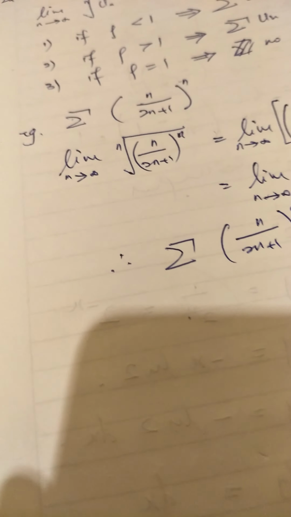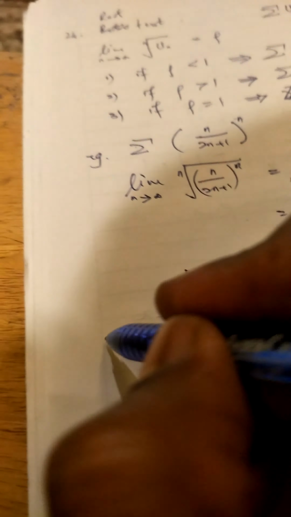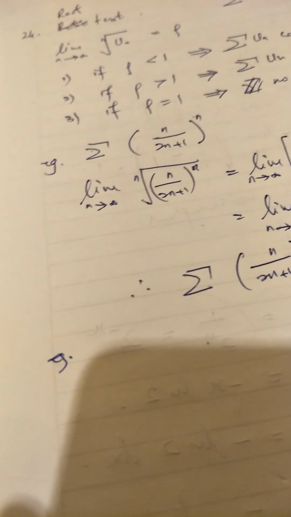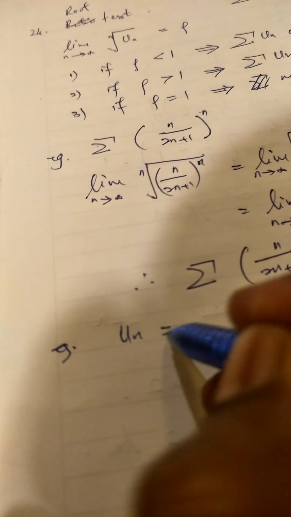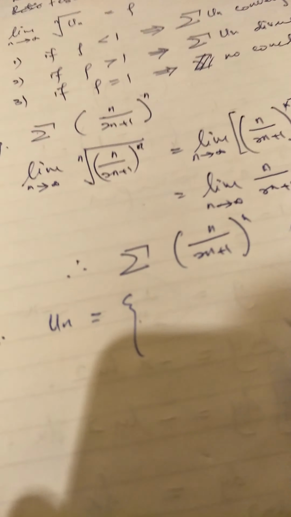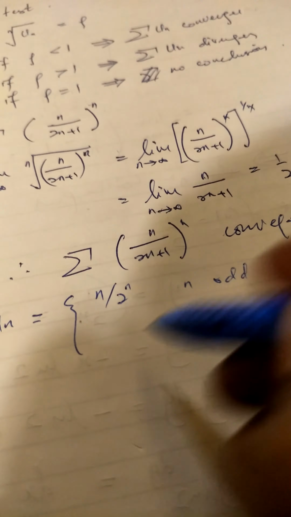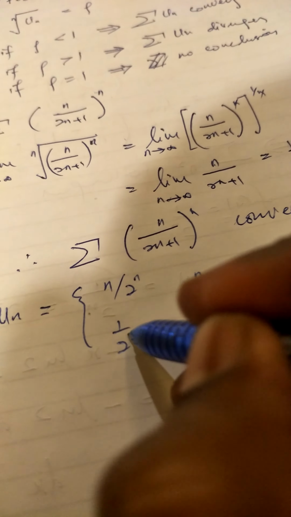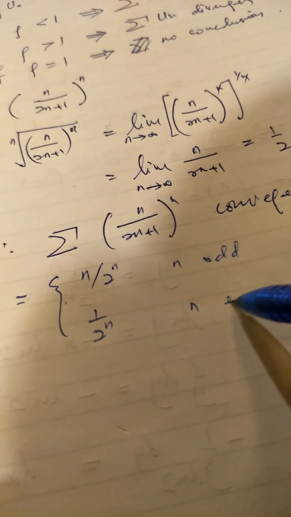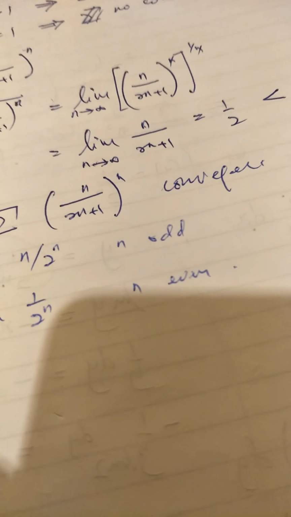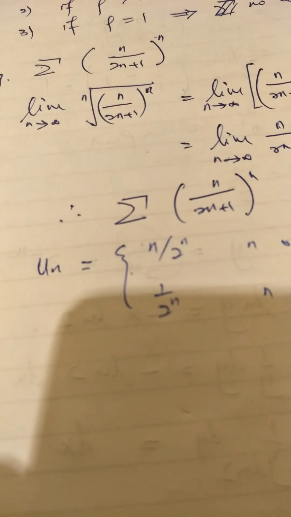Okay, let's consider another example. Let's say un is given as n over 2 to the n for n odd, and 1 over 2 to the n for n even. Remember that this is the series that we want to test, whether it diverges or converges, where un is given as that.